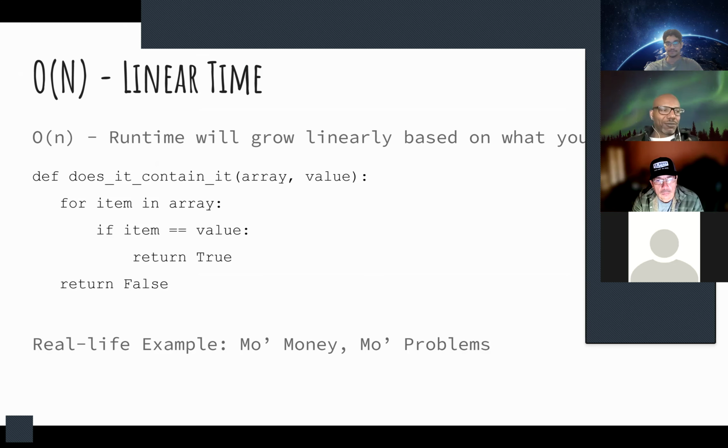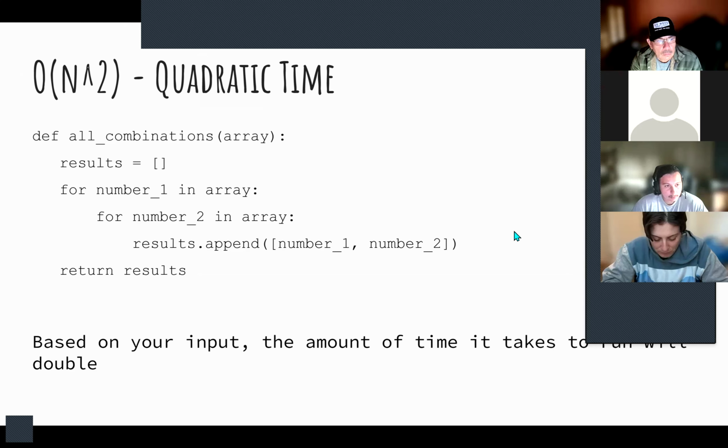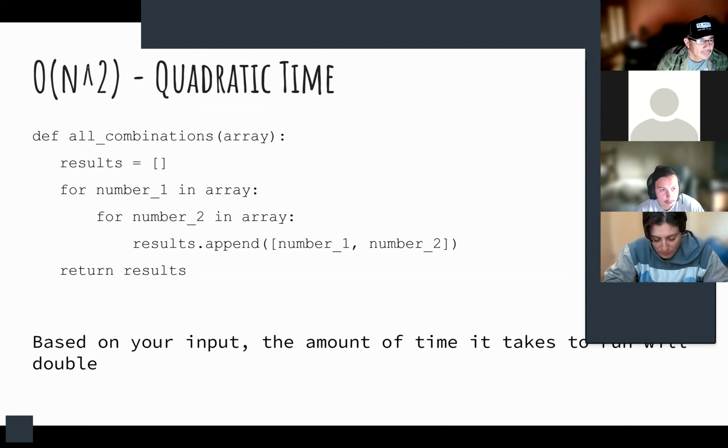All right. So Joe, I want you to tackle this one since you said for loops for the last one. Why is this one in quadratic time? It does come down to for loops. I don't know, but the difference here is that we have an empty list and we're appending to that list.